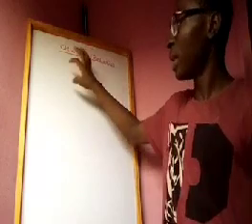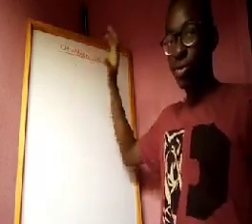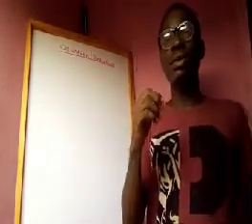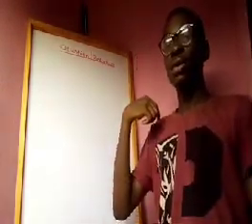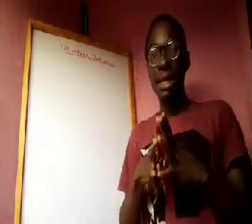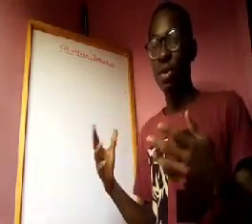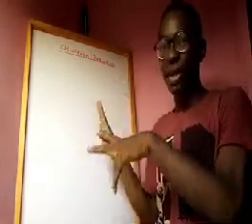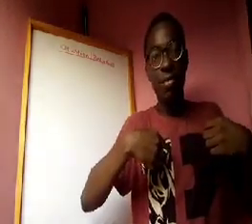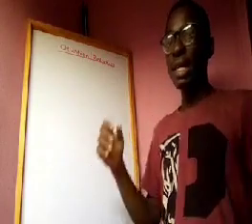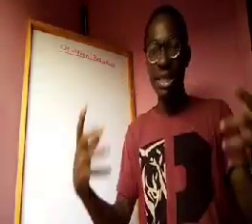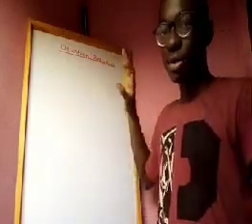Reduction occurs at the cathode, which means that at the cathode you have a gain of electrons. The cathode is where your electrons go to, and the anode is where your electrons leave, in line with the basic configuration of the electrolytic cell, because electrons move from the anode to the cathode. Whenever you receive electrons, you have undergone reduction. The anode, which is losing electrons, is where we have oxidation. So at the cathode we have reduction, and at the anode we have oxidation.